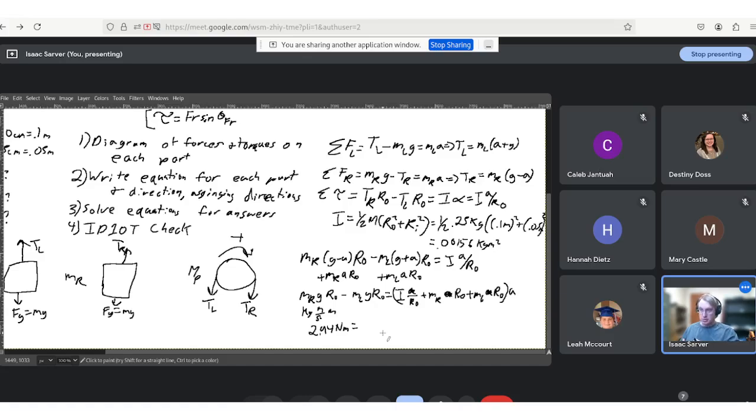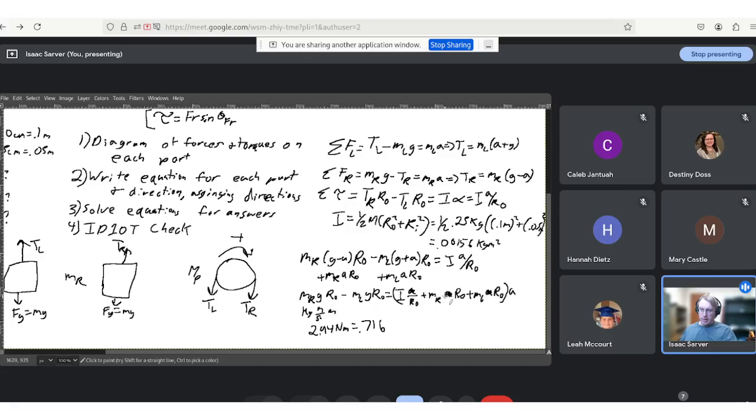So M_left is 2 times this R outer 0.1, plus M_R on the right there, that's 5 times 0.1. And so that works out to 0.7156.